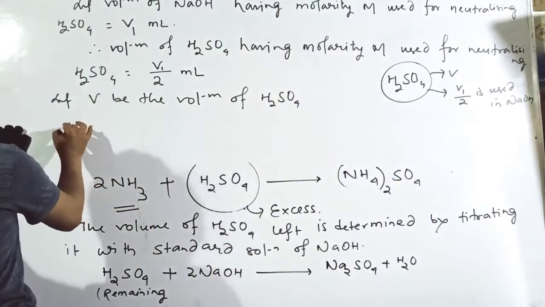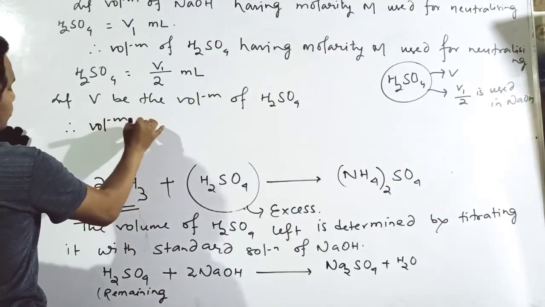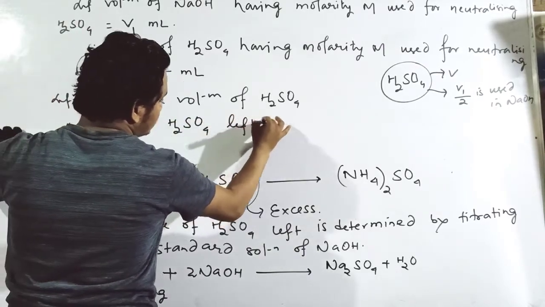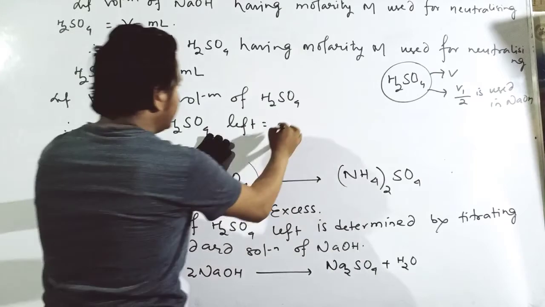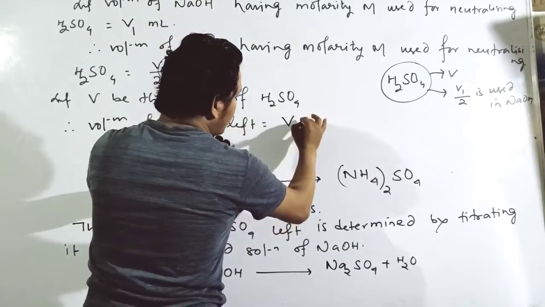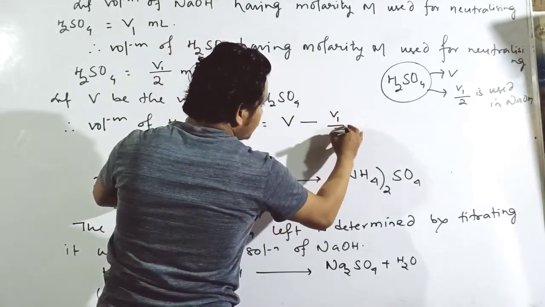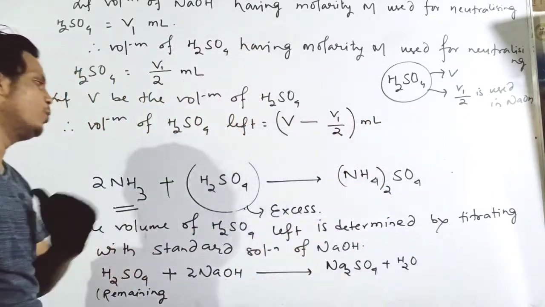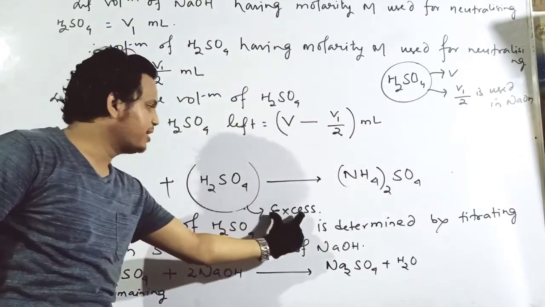Therefore, the volume of sulfuric acid left is equal to, initially it was V, and it was taken in excess.